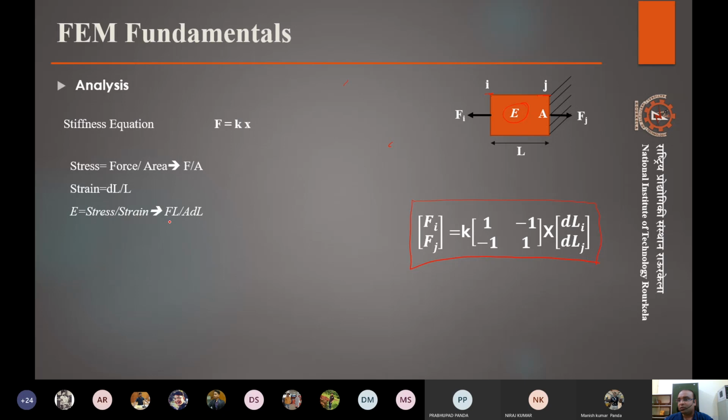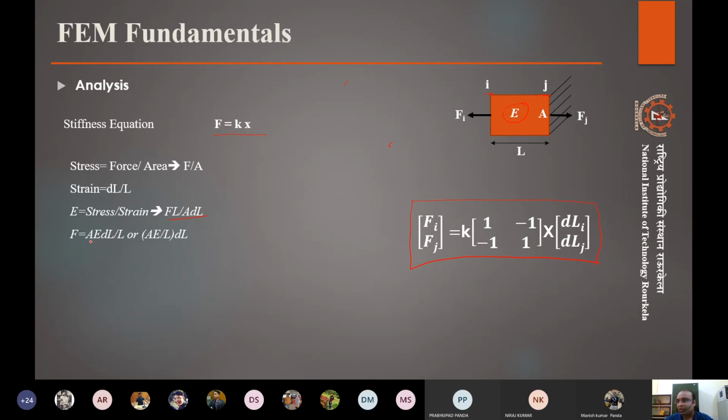So FL over A dL, right? If we just put these values here. And in this case, we can transform this whole equation in F equals to Kx format, basically by rearranging these, and something like this equation turns up.